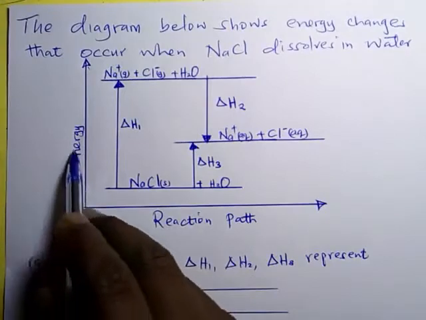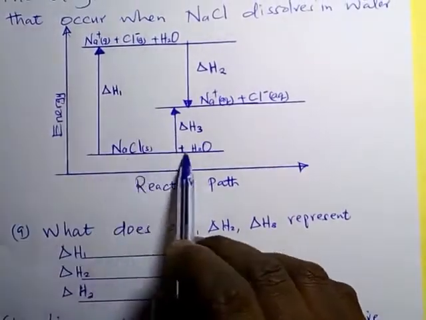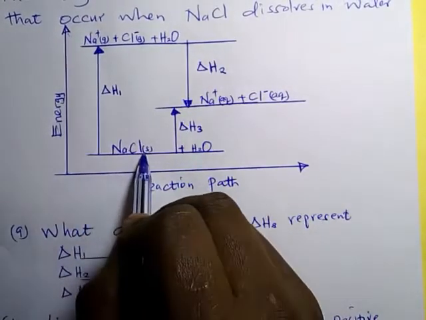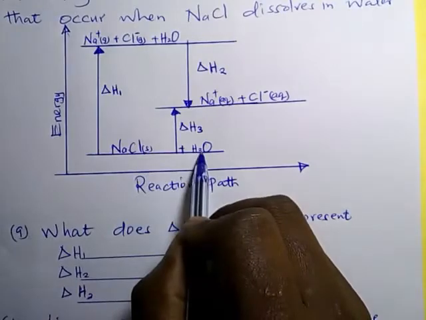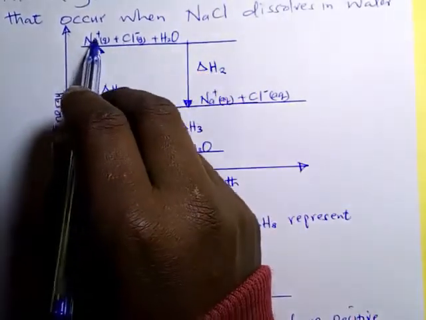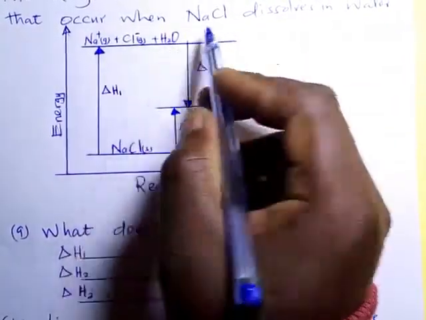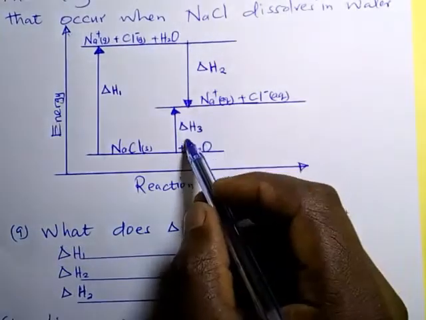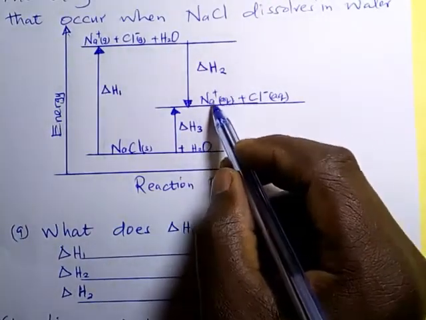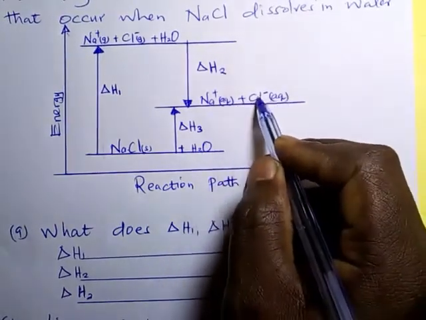This is the energy level diagram; study it for question A. We have sodium chloride plus water, with this arrow going up to sodium ions and chloride ions, and then we add water to come down. Here we have the overall products, which are in the aqueous state.